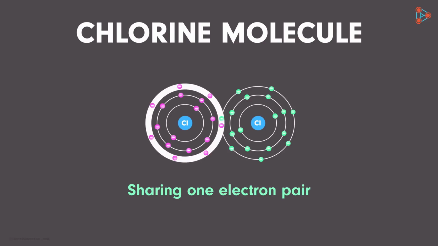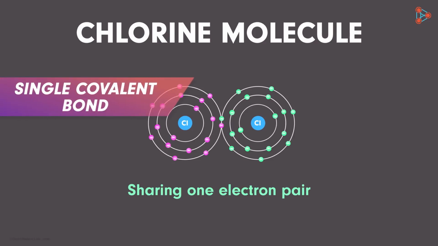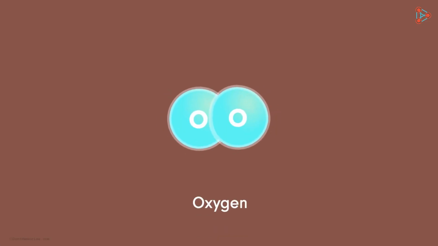Now if we look at this orbit individually, it has 8 electrons. And this orbit too has 8 electrons. Stability achieved for the chlorine molecules. This was an example of a single covalent bond. So do all atoms form covalent bonds by sharing a single pair of electrons? Think for a moment. We know that oxygen is in the diatomic state.